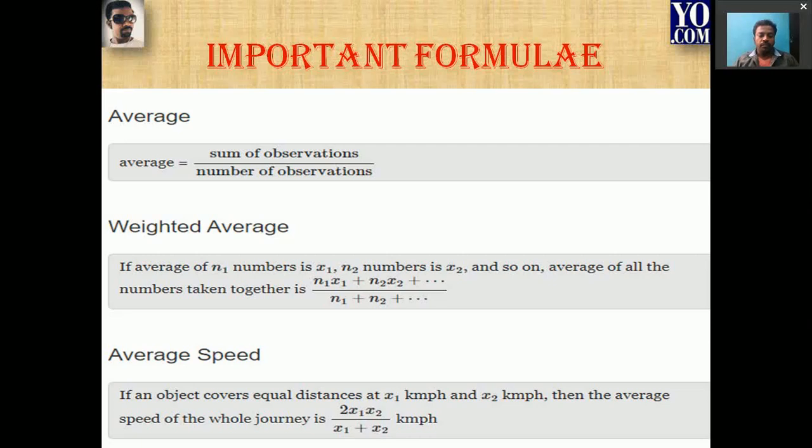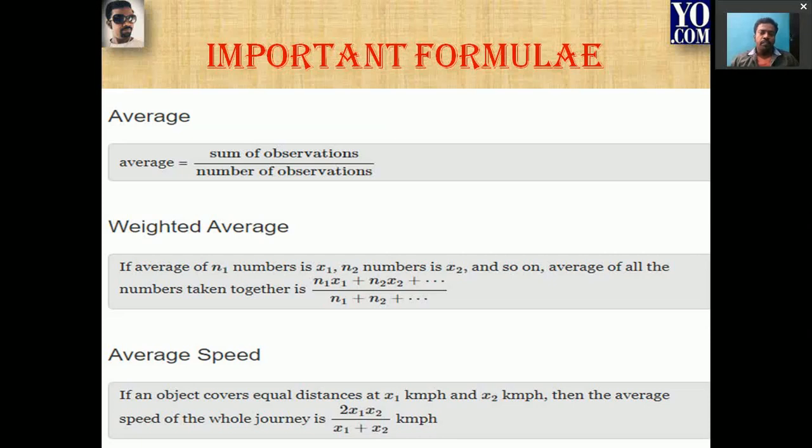Then next I want to see the average of speed. So this problem is very important. Based on this formula, most of the problems asked in examination, the average speed calculation. The average speed means forward and reverse, one journey, forward direction and reverse direction.